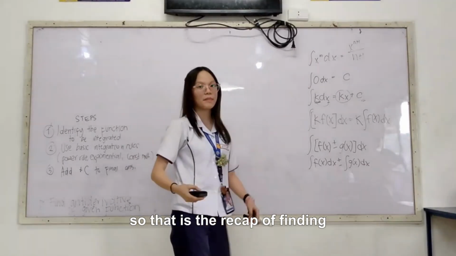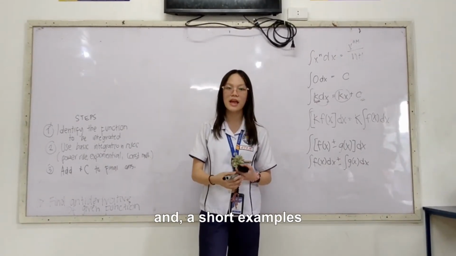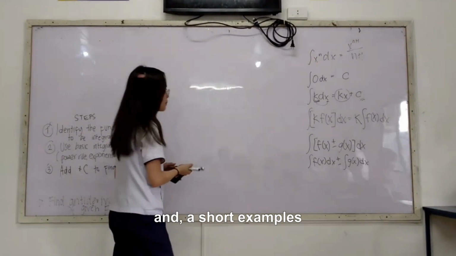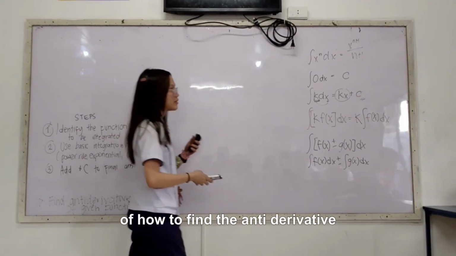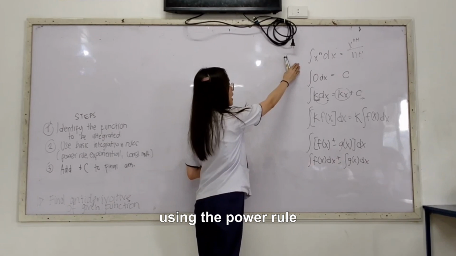So that is the recap of finding the derivatives and a short example of how to find the antiderivative of a derivative using the power rule.